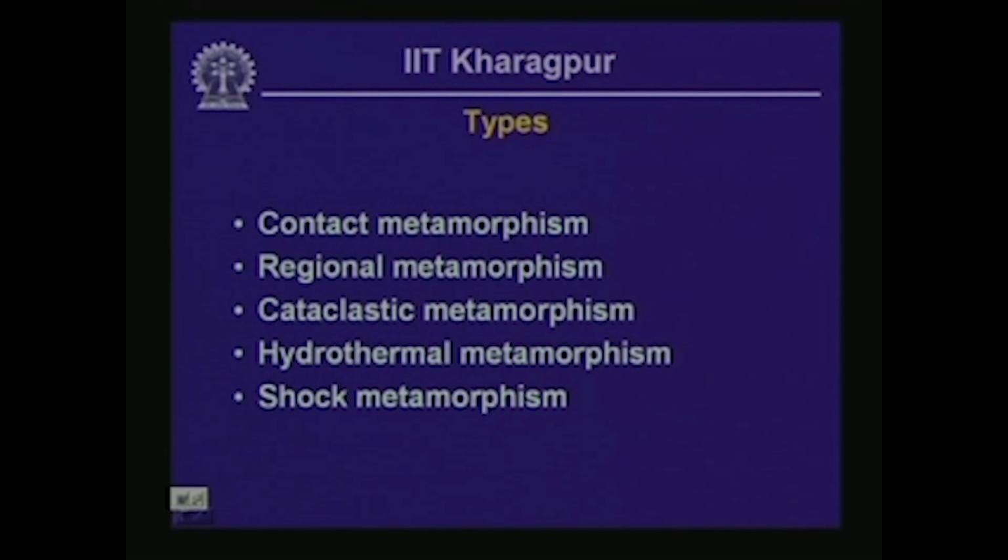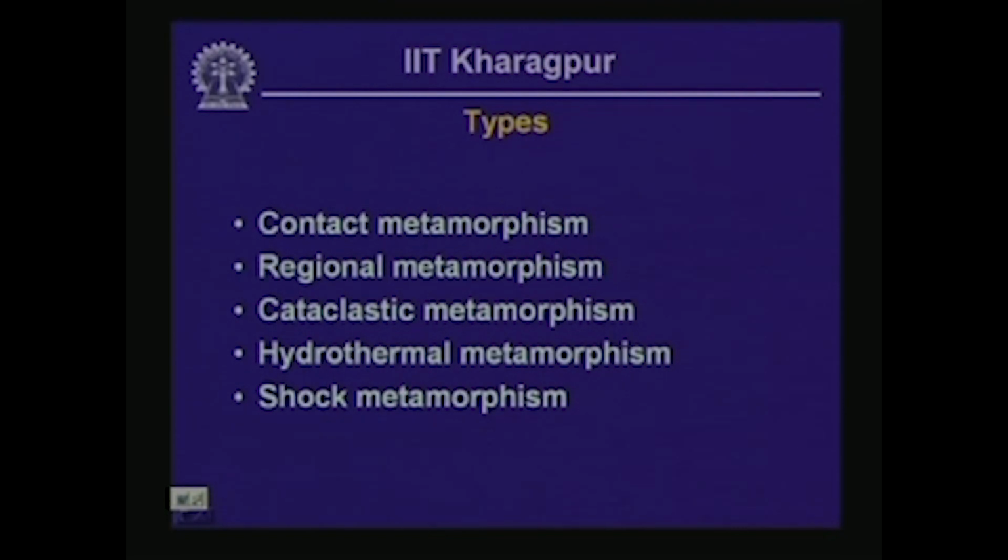In this case, metamorphism is triggered by an intruding mass of molten magma. Then we can have regional metamorphism, which is triggered by a large scale geologic process such as tectonic collision or other types of tectonic activities, the mountain building process, and so on and so forth.